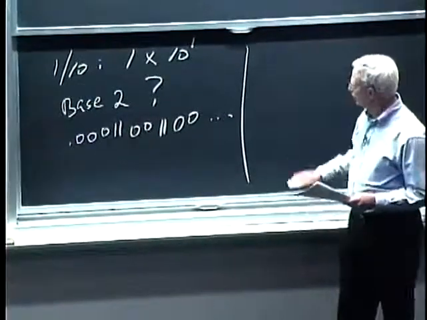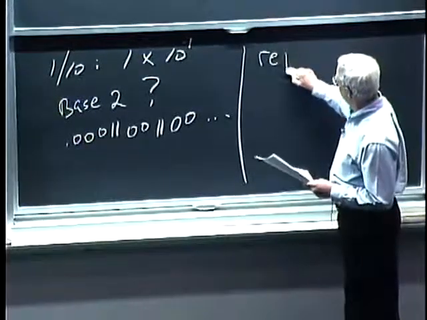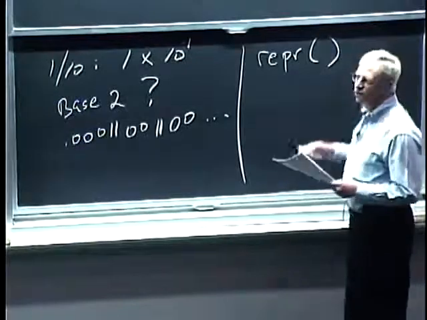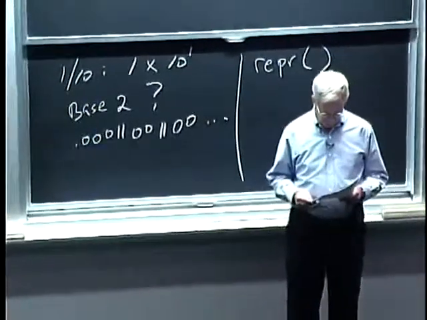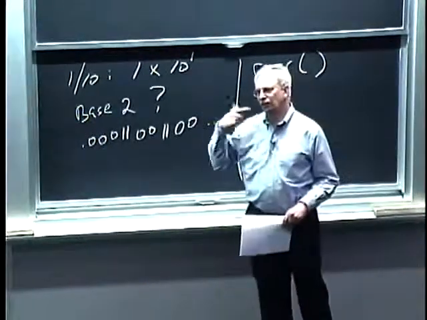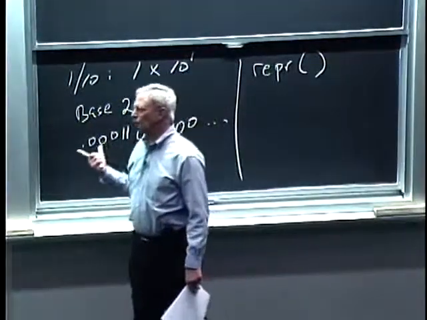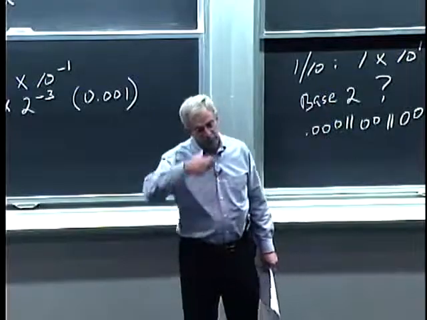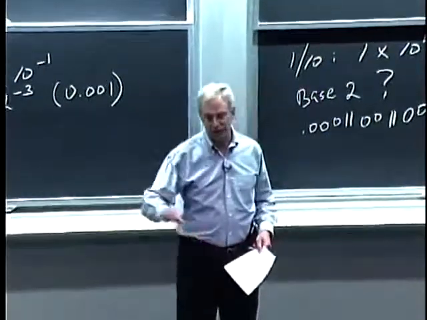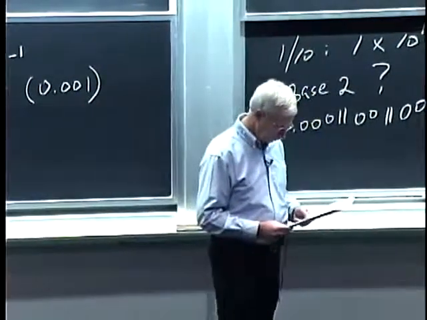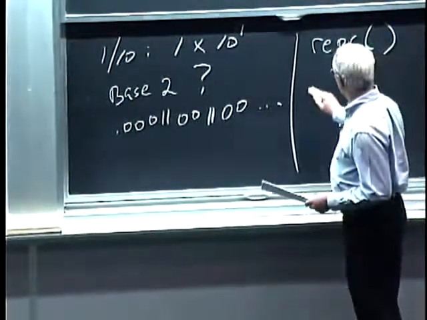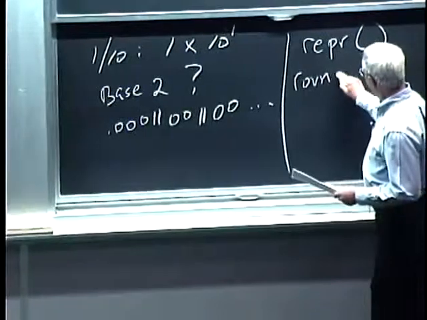in Python, whenever we display something, it uses the built-in function repr, short for representation, that converts the internal representation, in this case of a number, to a string, and then displays that string, in this case, on the screen. For floats, it rounds it to 17 digits.